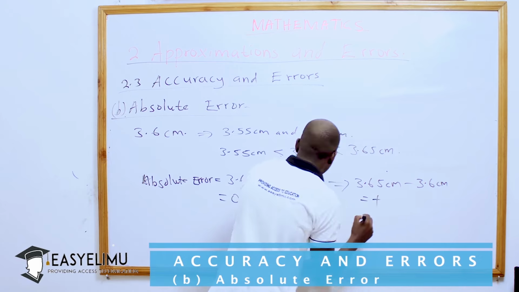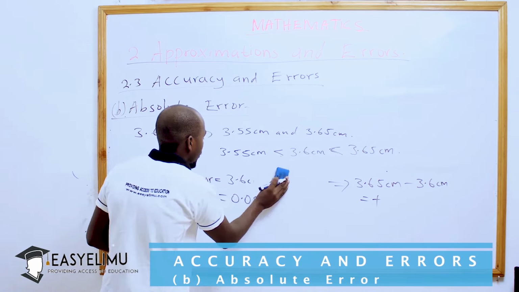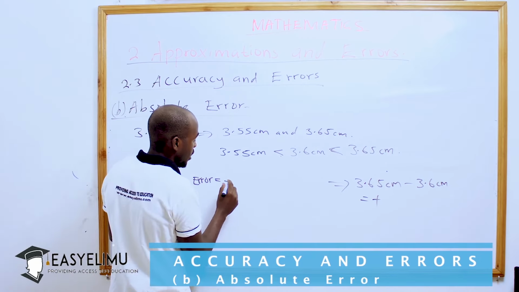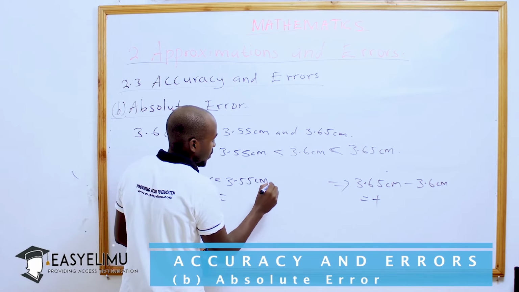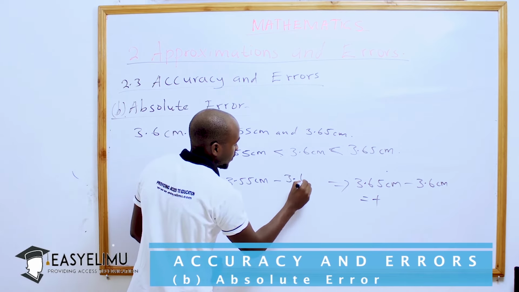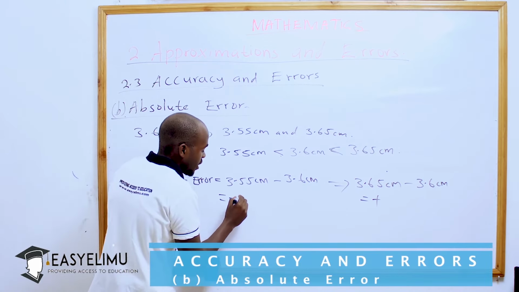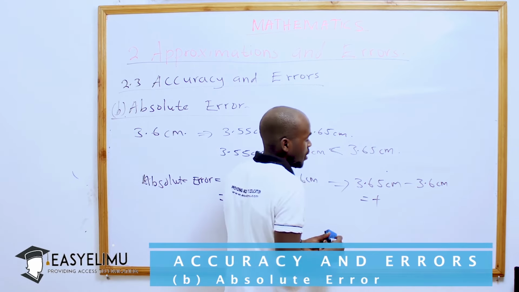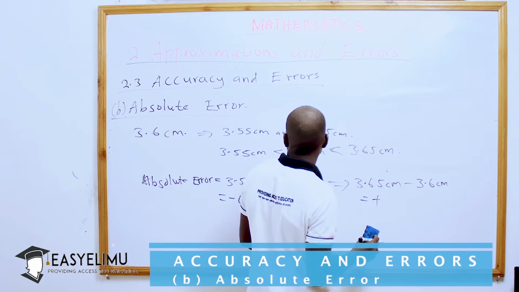we shall have positive. And here, actually, I did it in a different way. It should be 3.55 centimeter. Subtract 3.6. That is our limit here. So you will get negative 0.05 centimeter. And if you do it this way, you are going to get a positive answer.